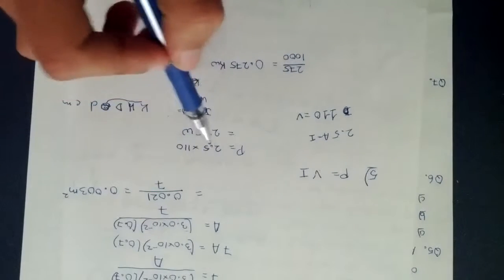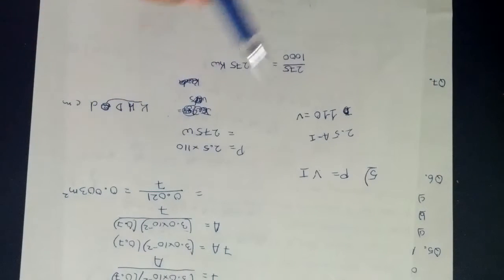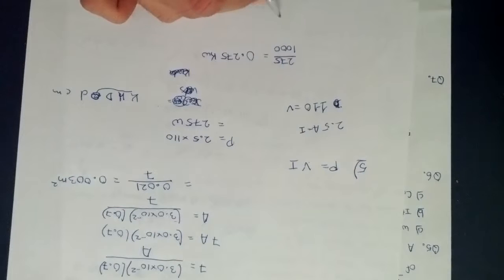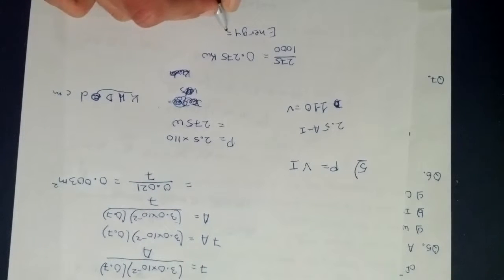Because we just divided the power by 1000 to get 0.275 kilowatts. And since we know from our notes, energy equals power times T.